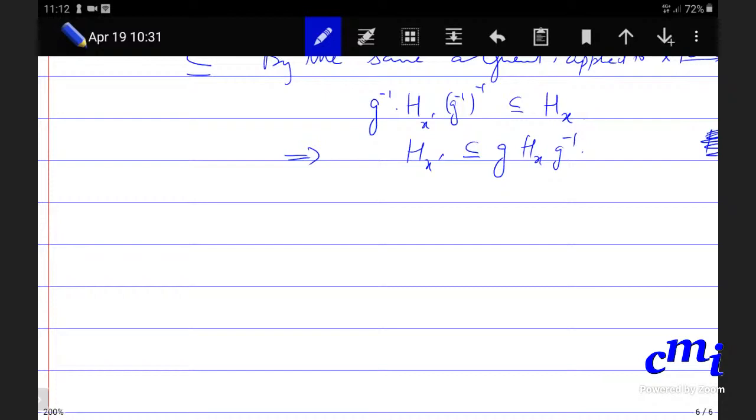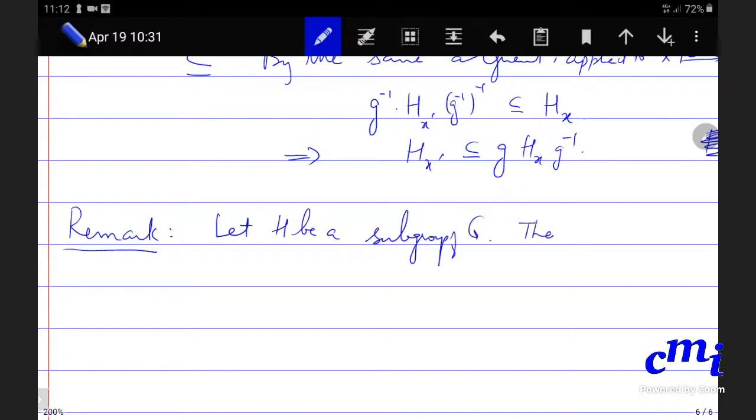Okay, so now I want to introduce a new action which we have not discussed so far. Let H be a subgroup of G, then G acts on the set of cosets G mod H. This is just a subgroup, not necessarily a normal subgroup.